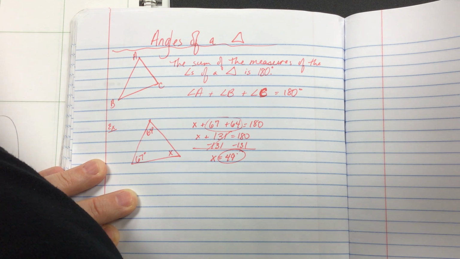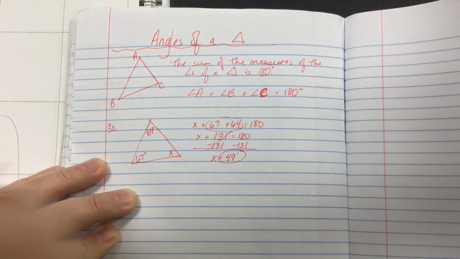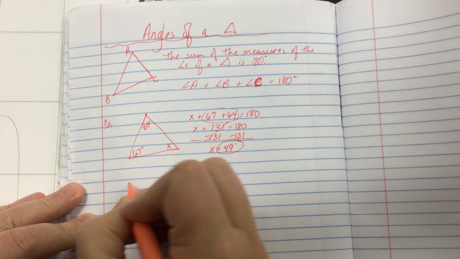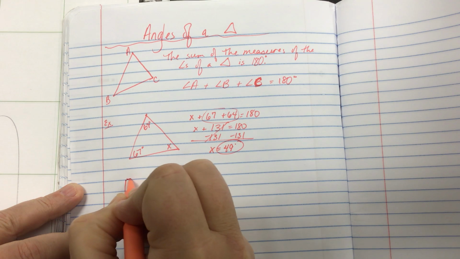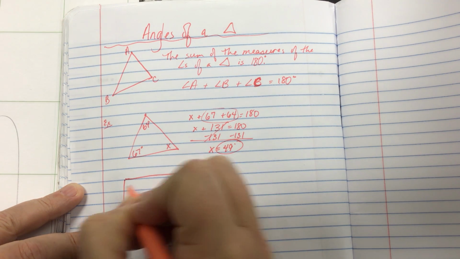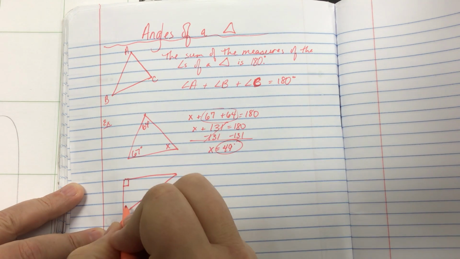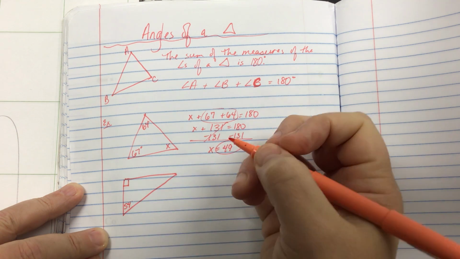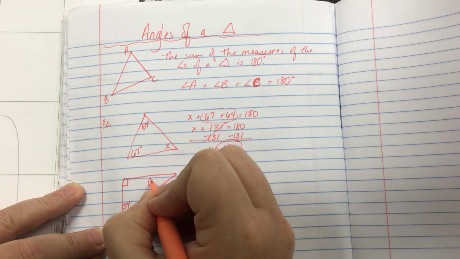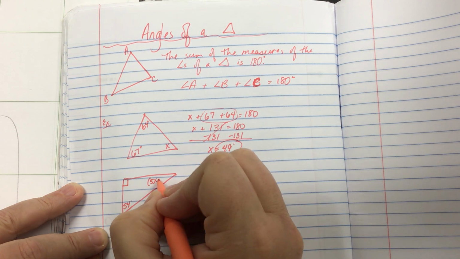Okay, if I take a look at a different type of problem, same kind of concept. Let's draw a picture like this. It does have a right angle in it. It does have a 54-degree angle, and it does have a 5x plus 6.